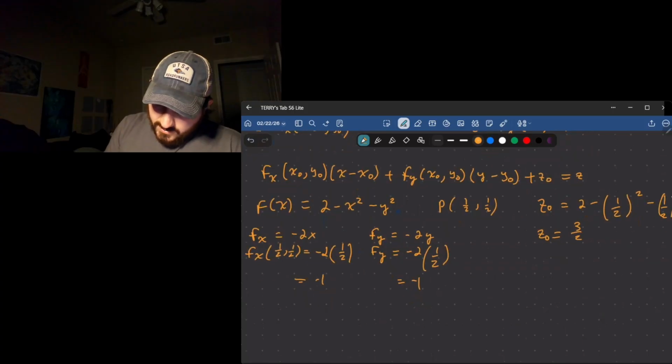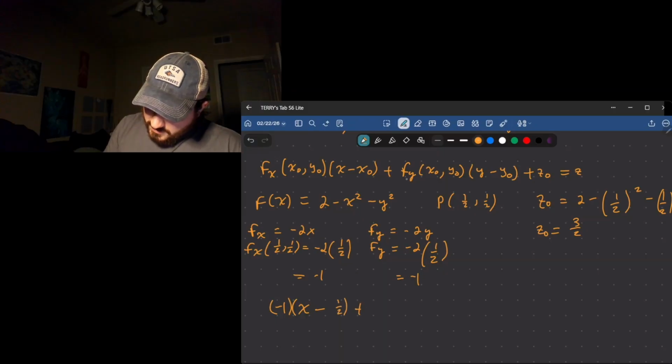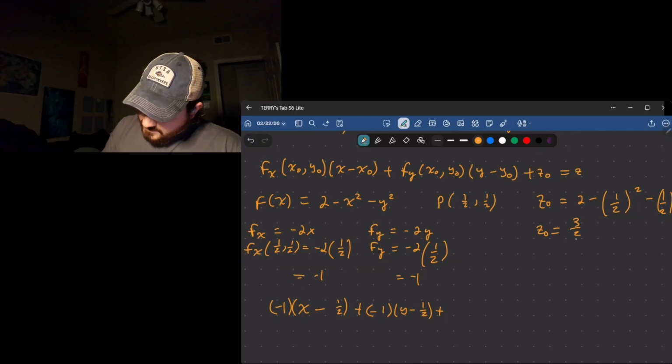So we've got f sub x, where we plugged in our point, is negative 1. So we have negative 1 times x minus x sub 0, which is 1/2. Okay, and then we have plus f partial derivative of y is negative 1. And then that's times our y minus y sub 0. And then we have plus our z sub 0 is 3/2.